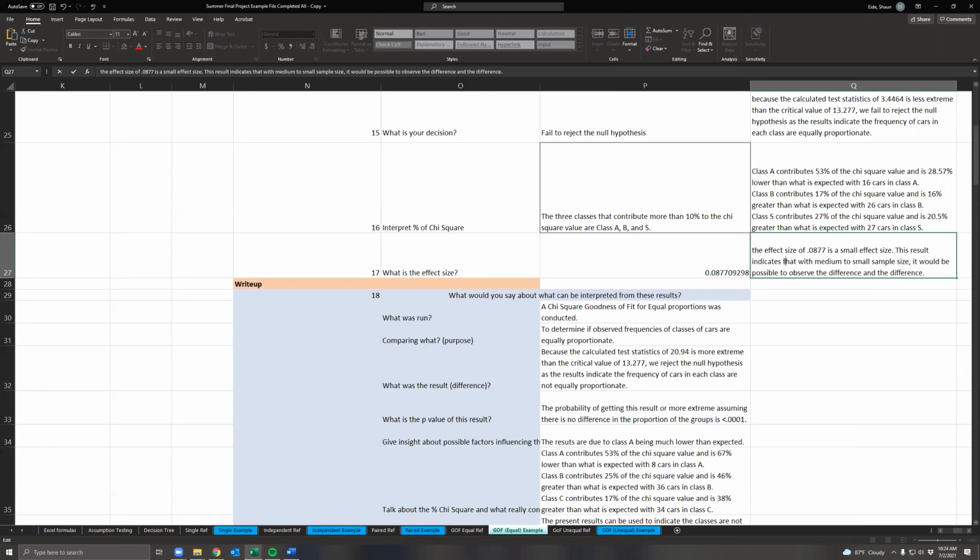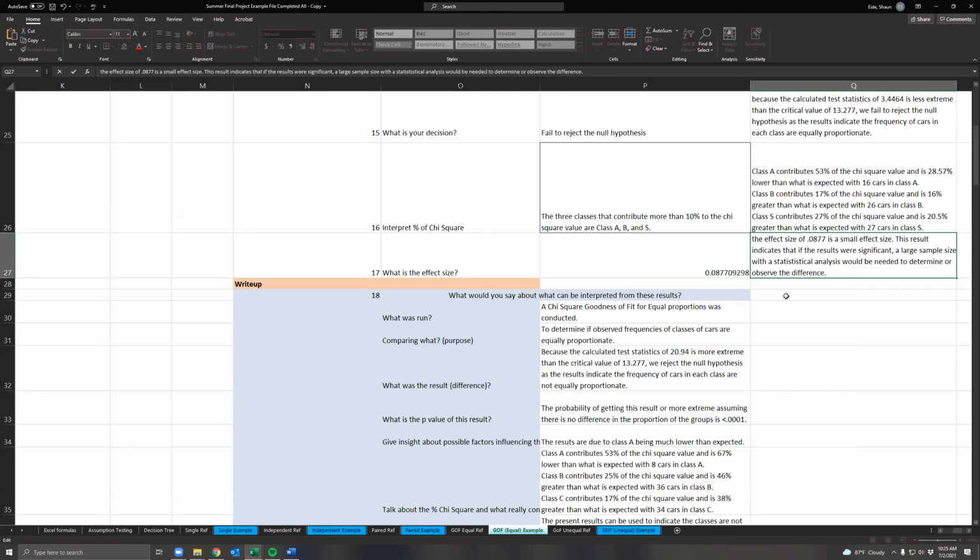This result indicates that if the results were significant, a large sample size with a statistical analysis would be needed to observe the difference.